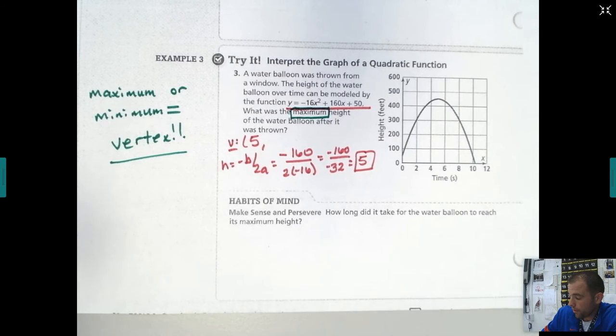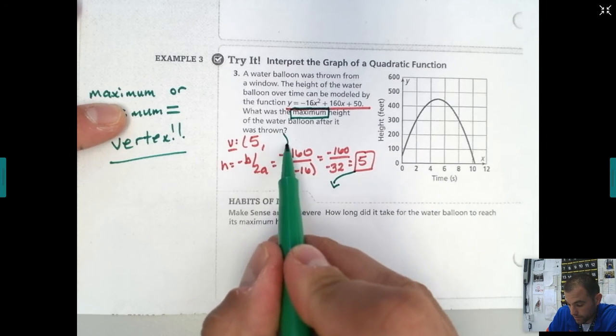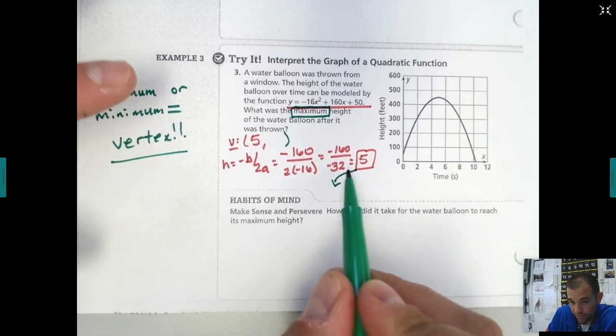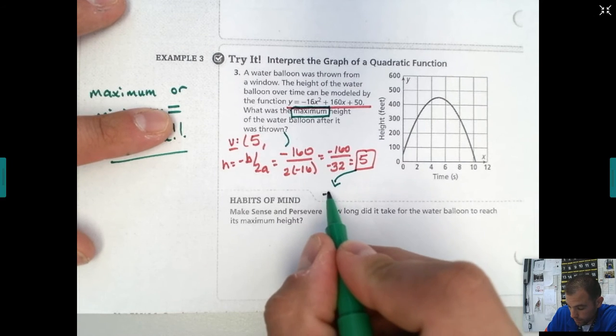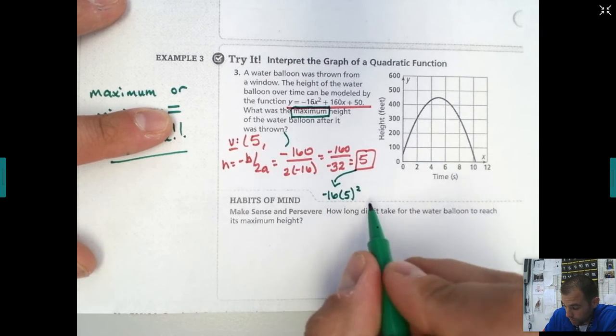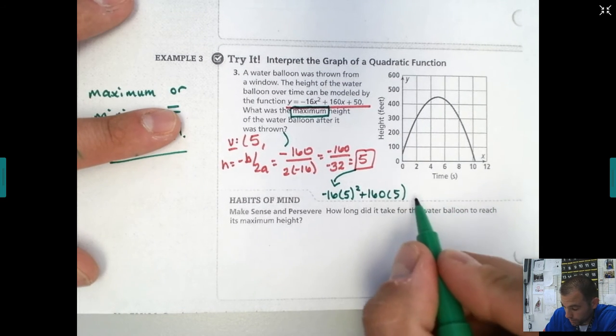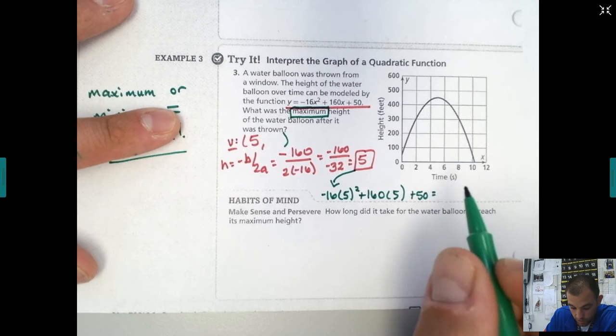Okay? And remember, we take that number to find the second half of the vertex, right? To find the K value, we take that 5 and we plug it in. So that would be negative 16 times 5 squared plus 160 times 5 plus 50. And we're going to solve this thing.